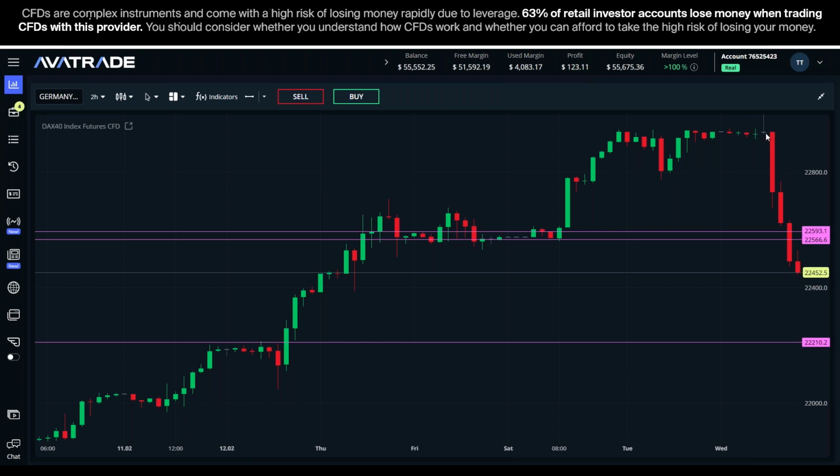Okay, you don't always get the perfect entry point you want, but what you can find is broken support levels confirming a continued downtrend, which is where we're at. And then use that broken support as a resistance level, because whatever caused it to break below here still exists, and it might have trouble going back above.